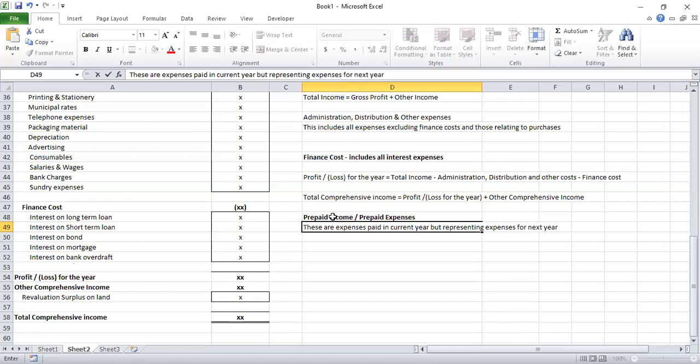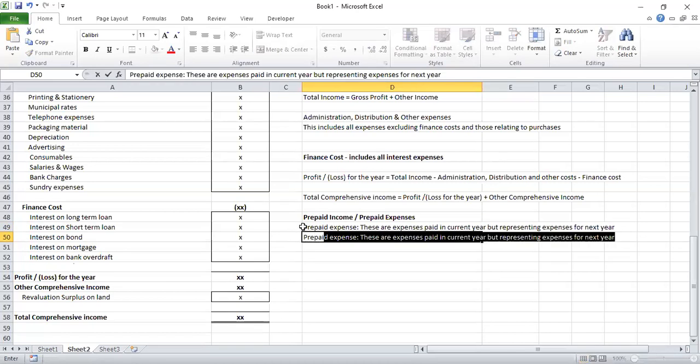For example, you might pay your rent in advance. Your year is ending in July, then you can pay your rent up to December. So there's a prepaid expense there. It is also called expenses paid in advance.